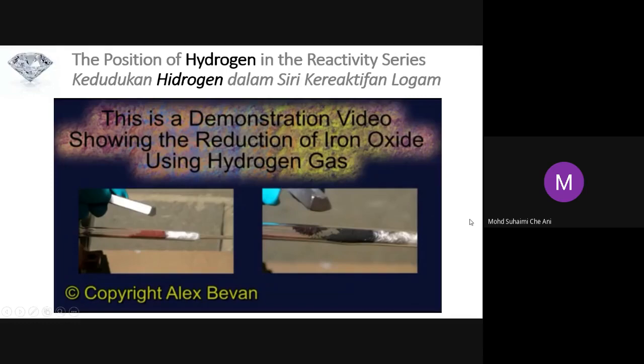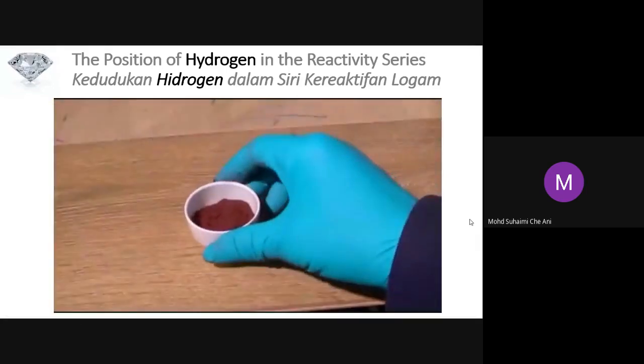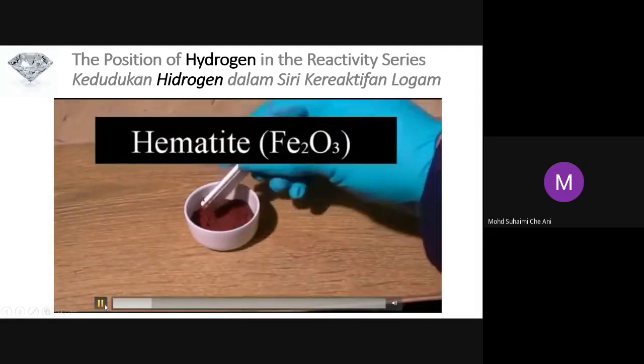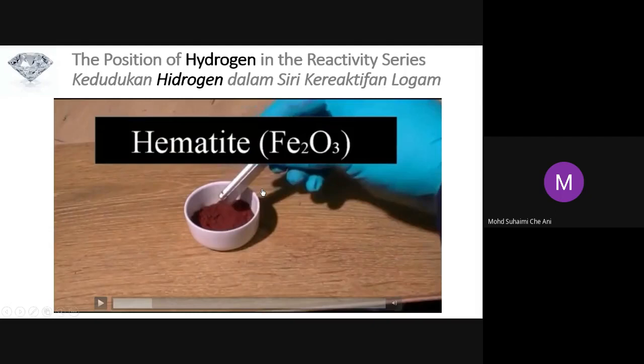So in this experiment, they will use iron oxide. Okay, this is the iron oxide, or another name for it is hematite. So hematite, if we go back to what we learned last week, hematite is the mineral for iron oxide.